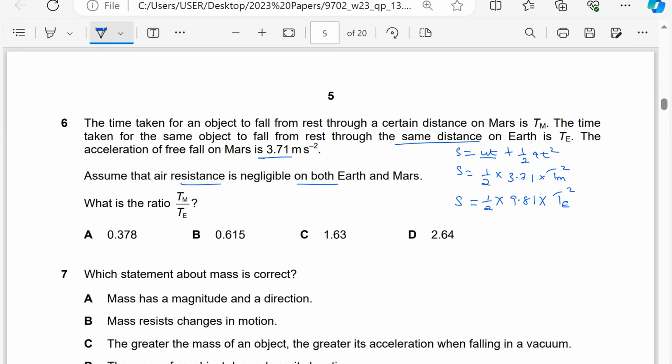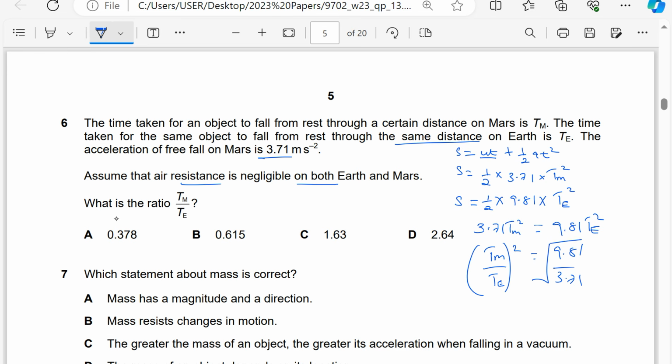So I'll just equate the two equations. s cancels, a half cancels. So I only have 3.71 Tm squared is equal to 9.81 Te squared. I want the ratio Tm over Te. Remember, these are already squared, so this is going to be 9.81 divided by 3.71.